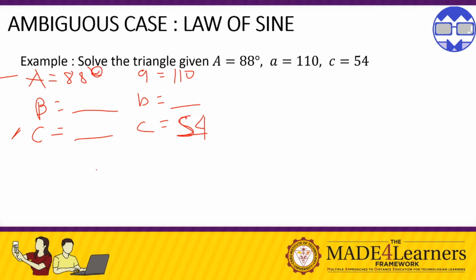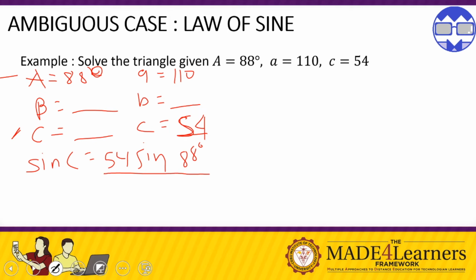To answer angle C, we simply have sine C over C equals sine A over A. I'll just do the shortcut. So this will give us sine C equals 54 sine of 88 degrees all over 110.